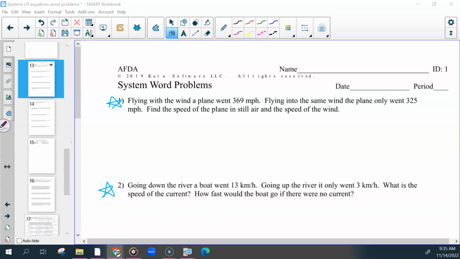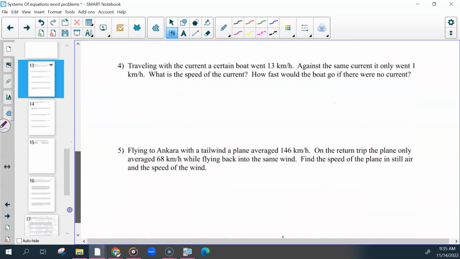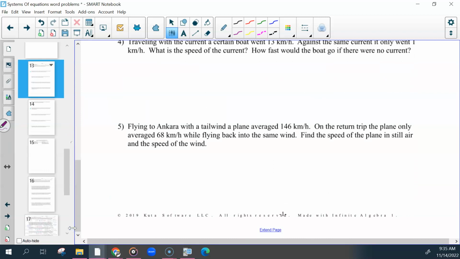So with the wind, you're going to be adding. Into the wind, you're going to be subtracting. It could say something like tailwind. That would be the same thing as with the wind. The tail is pushing the tail of the plane, so you're adding it together.